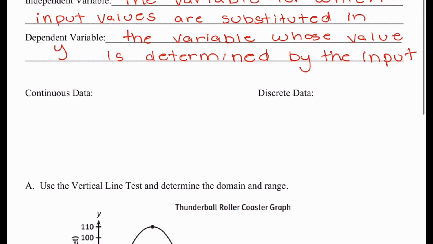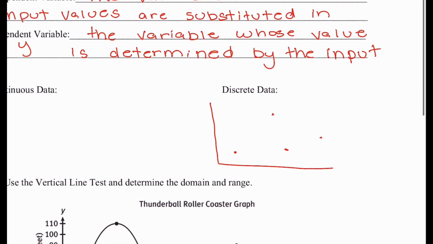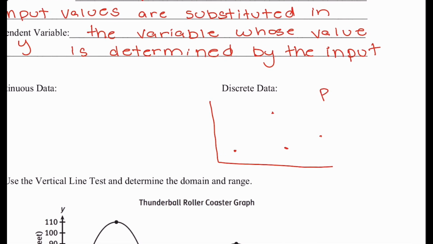Now, two other vocabulary words. We have continuous data and discrete data. Up to this point, you've seen discrete data. You've seen a couple points plotted, all on their own. Discrete means that the points don't connect.